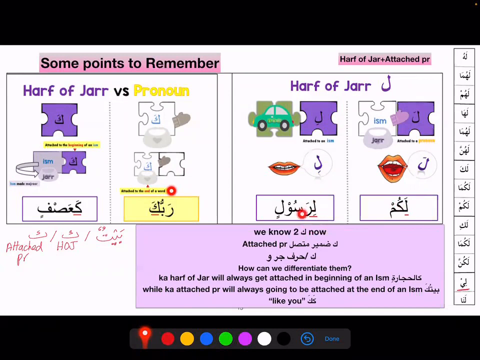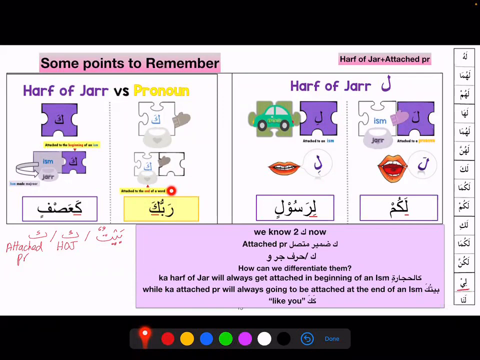This lam will take kasra when it is attached to any ism, but when it attaches to an attached pronoun, it is going to take fatha. Always remember that, right? And we have all this list over here that we did last class, and only the exception is li over here, right?